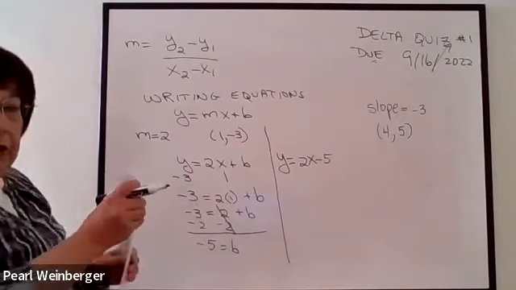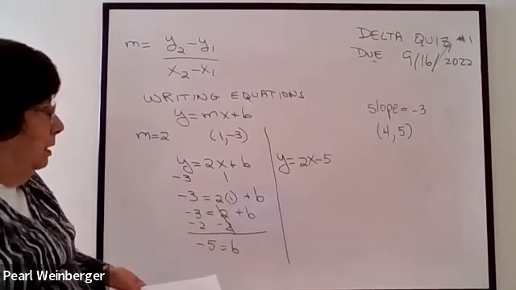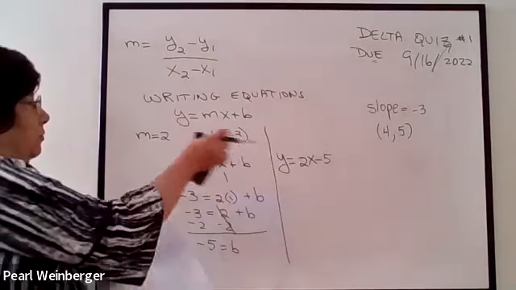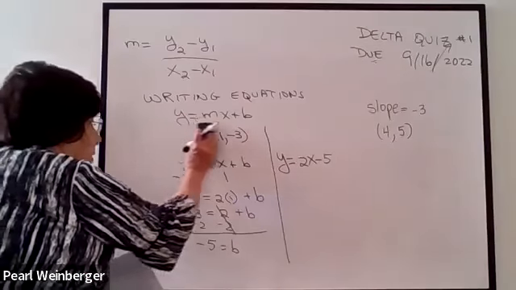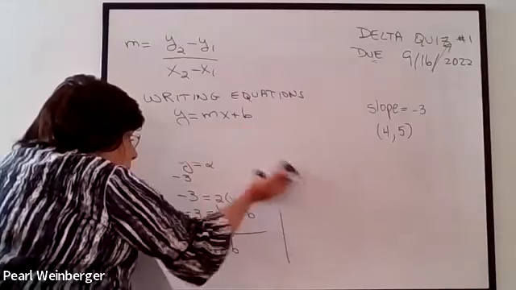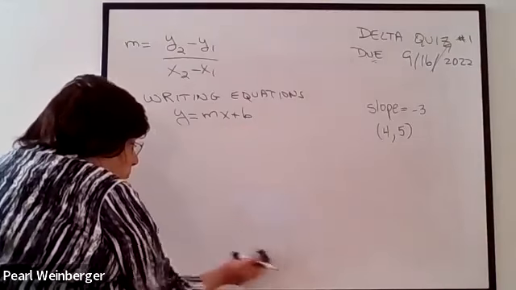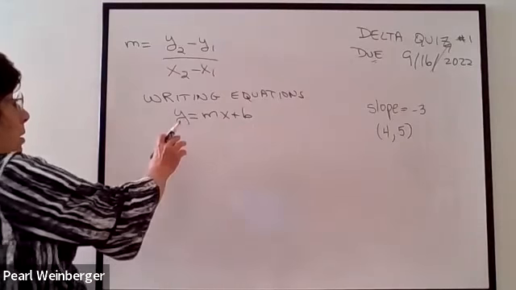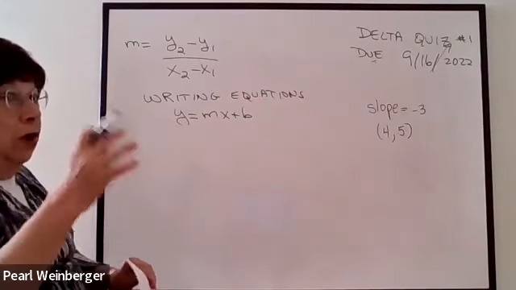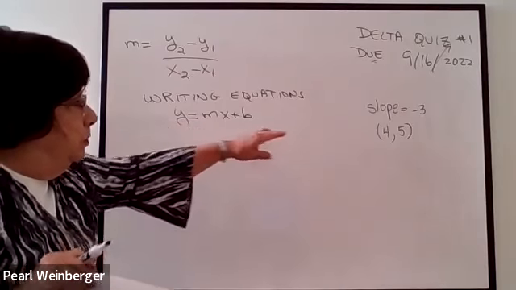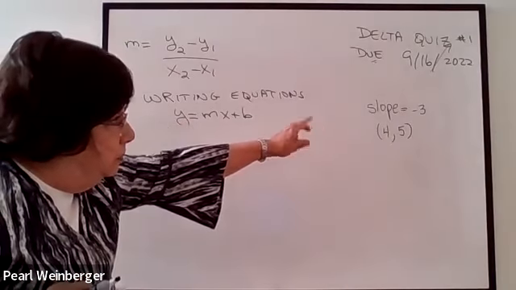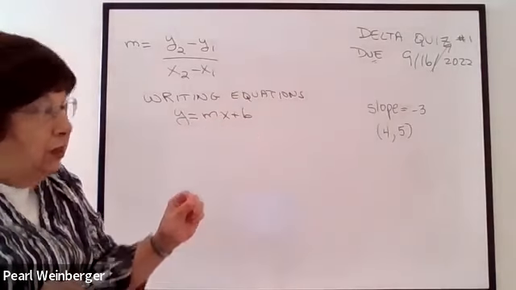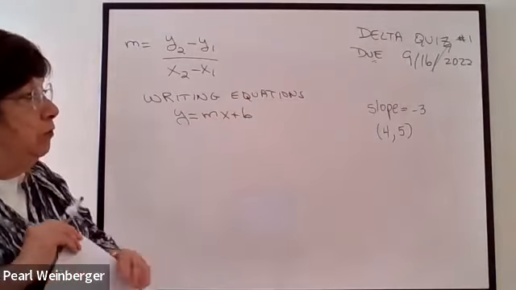Okay, let's see if we can do this problem. I'm going to erase this now so I can write that. Again, we're looking for the y equals mx plus b form of the equation for the line that we described, which has a slope of -3 and goes through the point (4, 5).